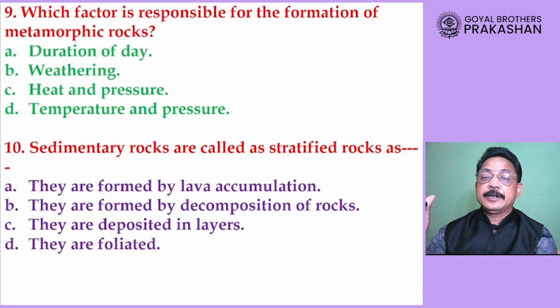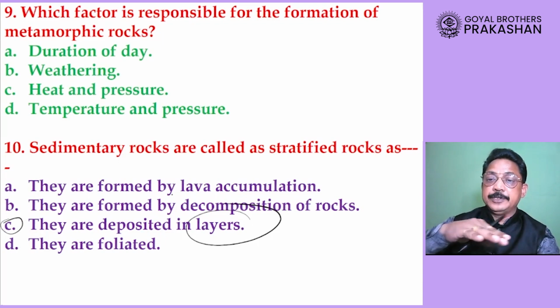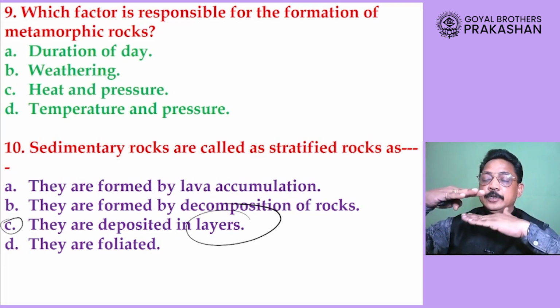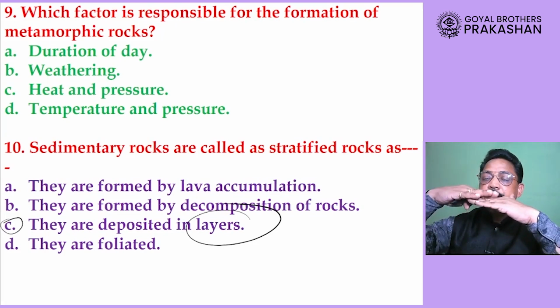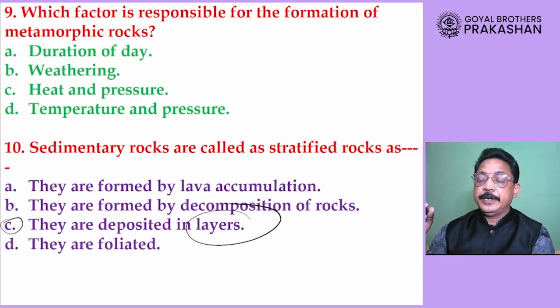Dear student, here correct option is C. Stratified means because these rocks are found in layers. Which rocks? Sedimentary rocks. They are formed layer by layer. Sediment gets deposited, another layer gets deposited, another layer and another layer, and in this way the rocks are found in layers.